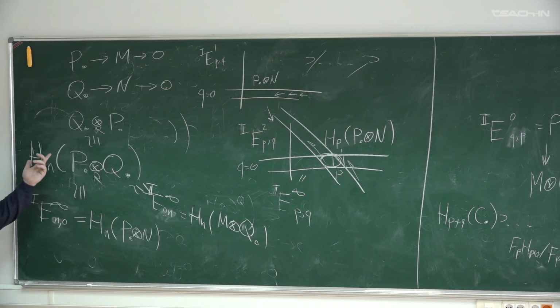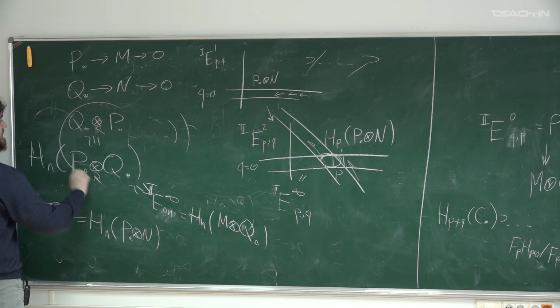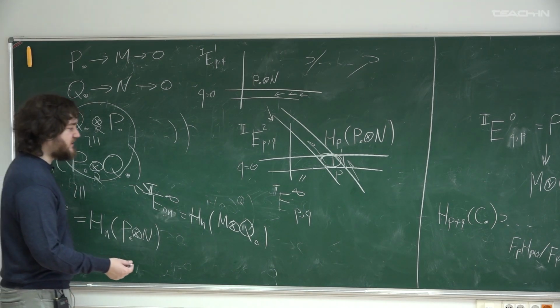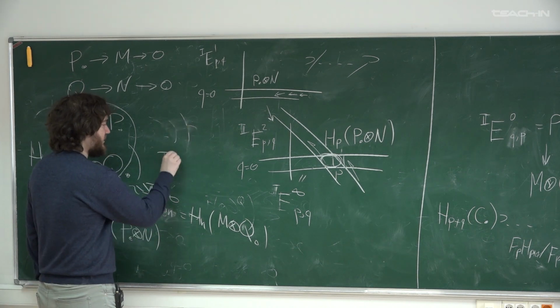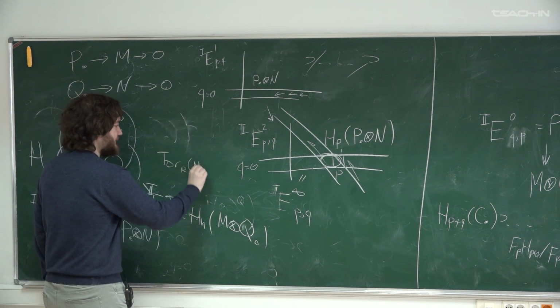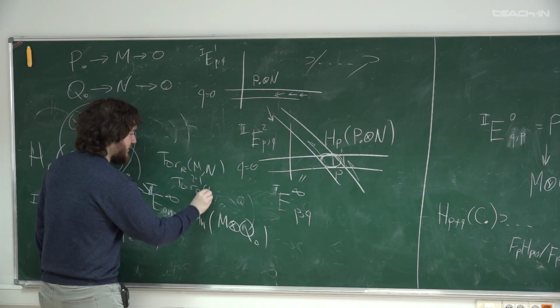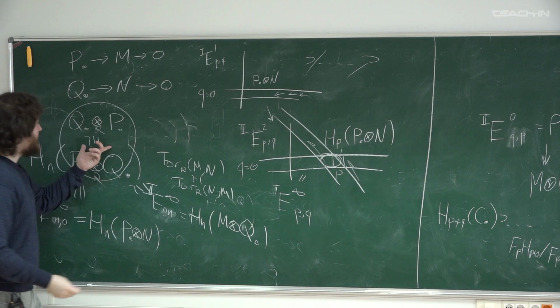But if R is commutative, then you have just this isomorphism of double complexes. So it's an isomorphism of chain complexes, so it's an isomorphism of homology, and we obtain that over a commutative ring, Tor is also commutative.